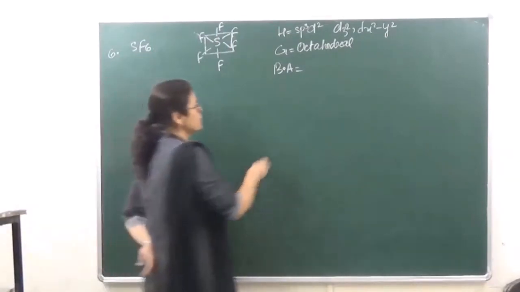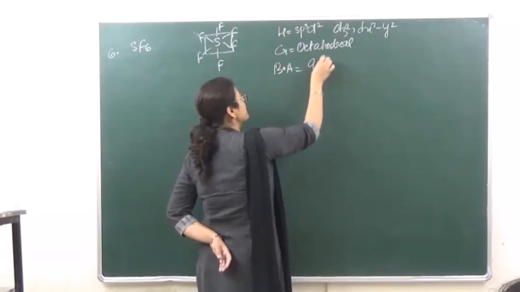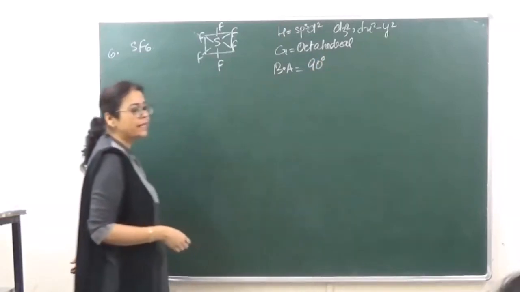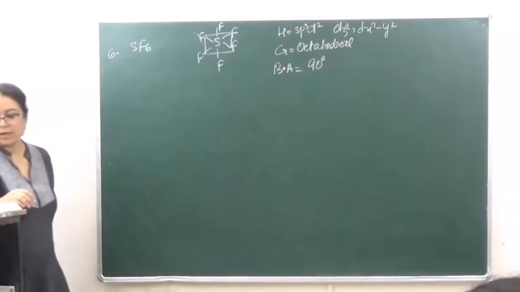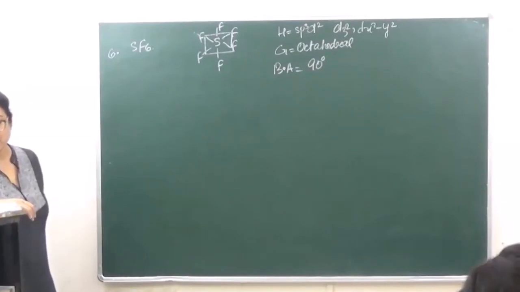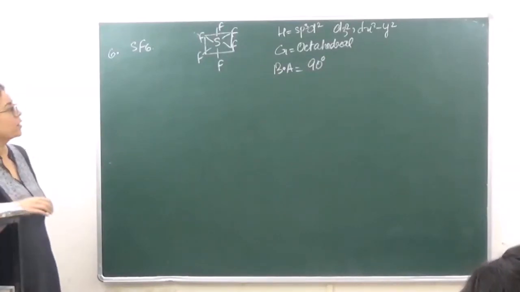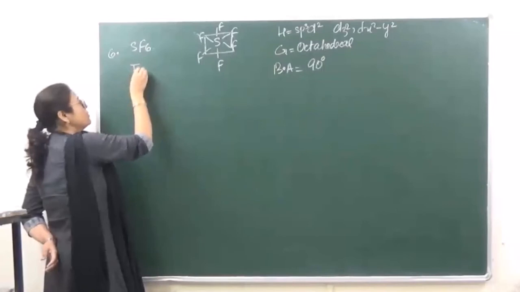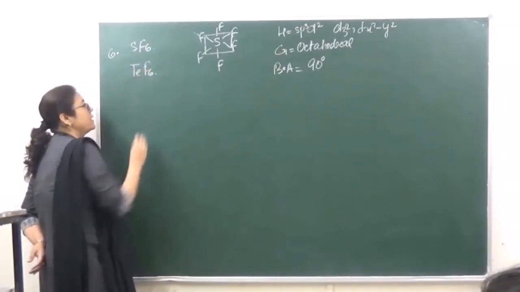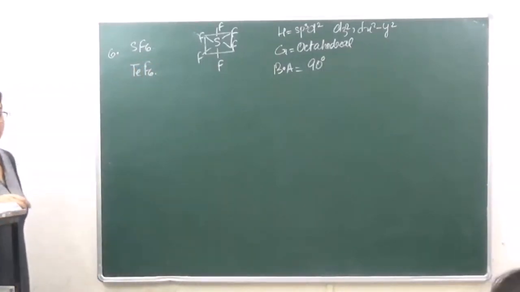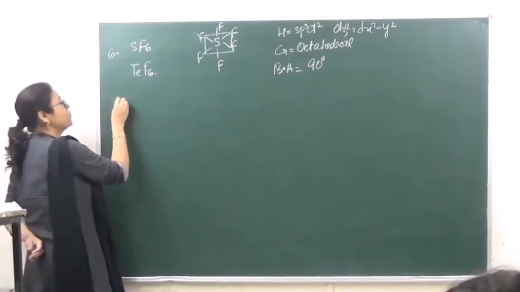But bond angle जो इस पे होगा, all bond angles are going to be equal to 90 degrees. Clear? This is SF6. Other examples which we can take over here is that of TeF6.